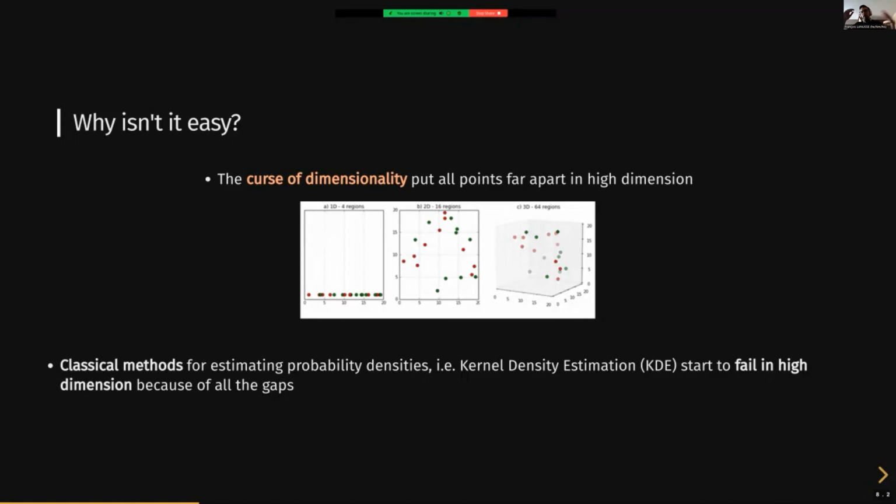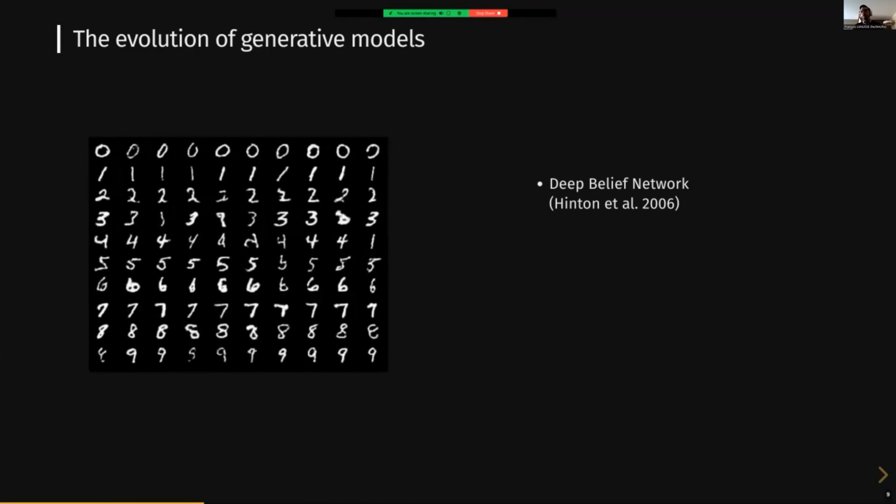And so that's where deep learning changed the game with the emergence of deep generative models. To give you an idea of how much these models have improved over time, this is what the state of the art was in 2006.